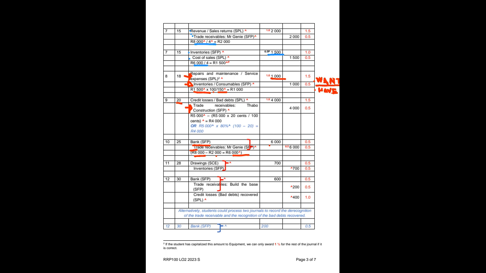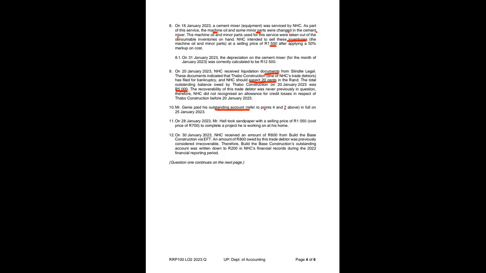And the amount is 4,000 rand, because we want to decrease it. Notice there's no transaction for the 1,000 rand. The 1,000 rand remains in trade receivables. The question never told us that we were being paid. Instead, the question was always talking in the future tense. The only thing that we received on the 20th were legal documents, not rands and cents, not cash.